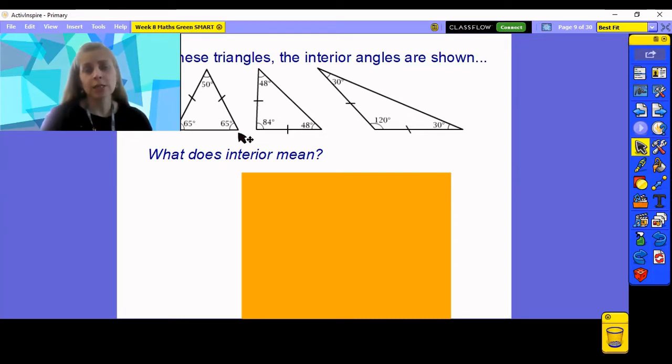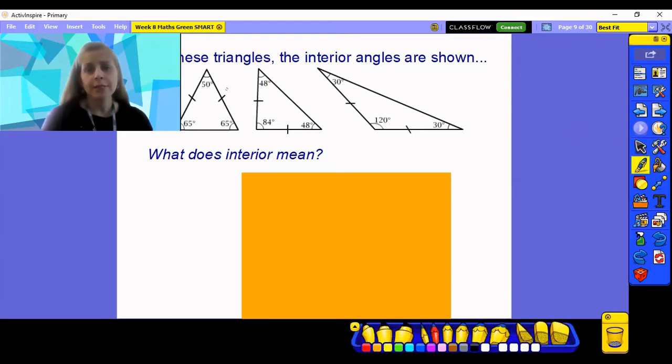Here are three isosceles triangles, and these three isosceles triangles have been given different marks in them. You can see there are some lines on each of the triangles, and there's one line marked, and this indicates that these two sides of this triangle are equal in length.